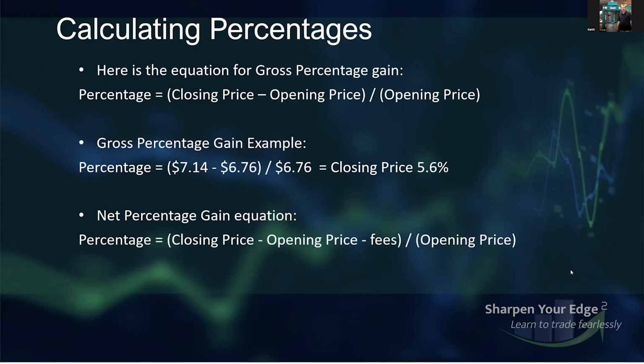That gives you the net percentage gain that you actually realize in your account. So that's a real quick way for determining apples to apples in percentage gain for different trades.